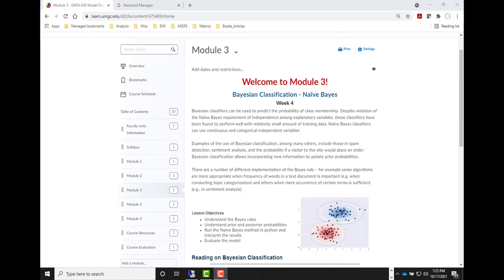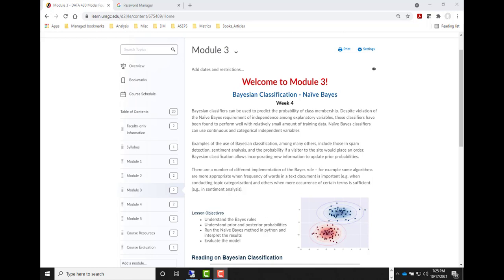It can be used for both continuous and categorical variables, and for different applications. Common uses are spam detection, and sometimes sentiment analysis and other applications as well.